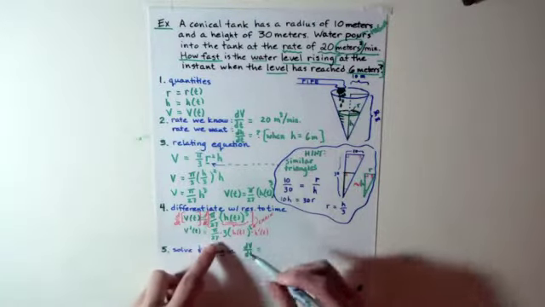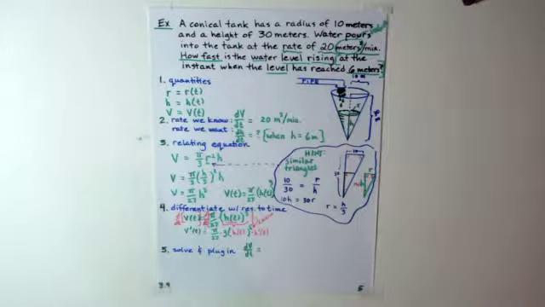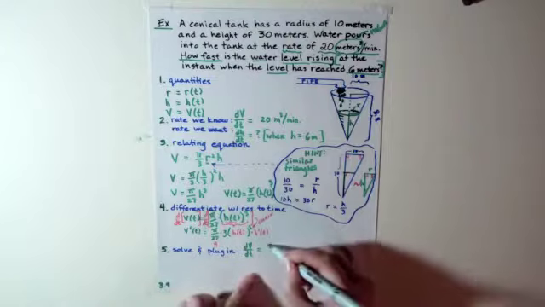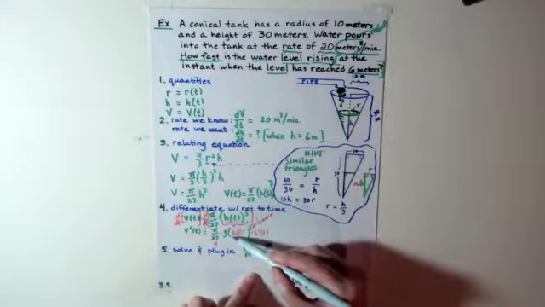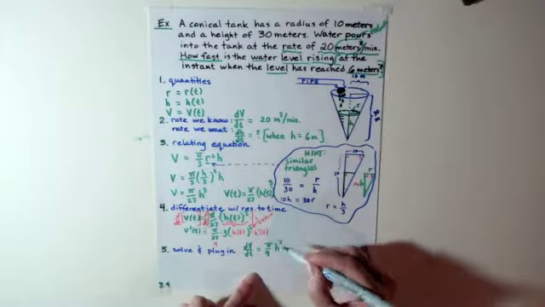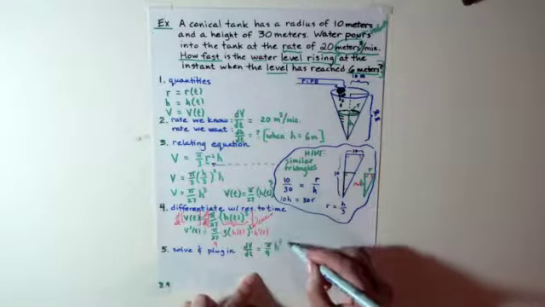And on the right hand side, pi over 27 times 3, well, the 3 will divide into the 27 and leave me with a 9. So I get pi over 9. And instead of writing h of t squared, I'm just going to write h squared and suppress the of t. And instead of h prime, I will write dh dt.